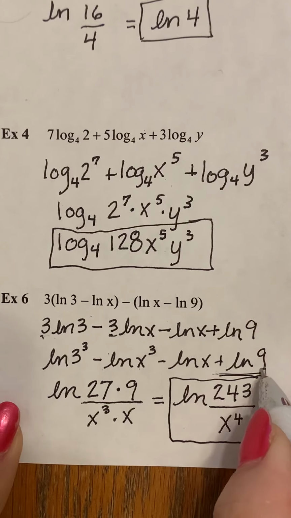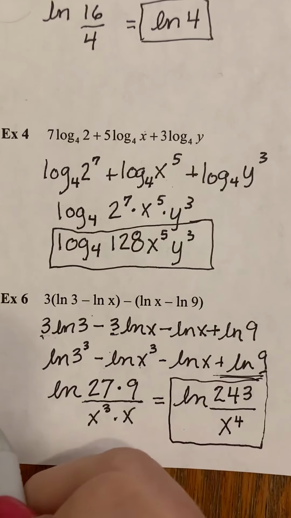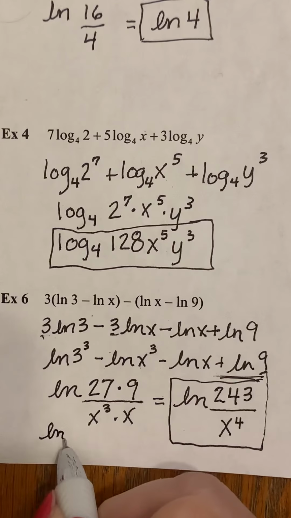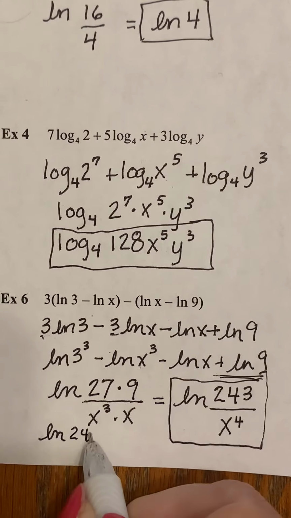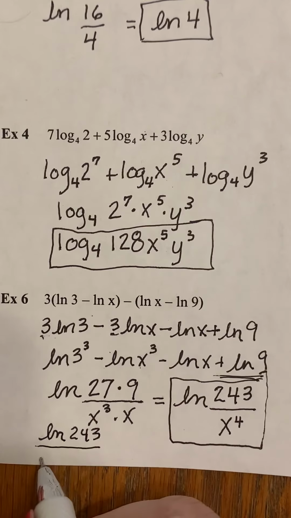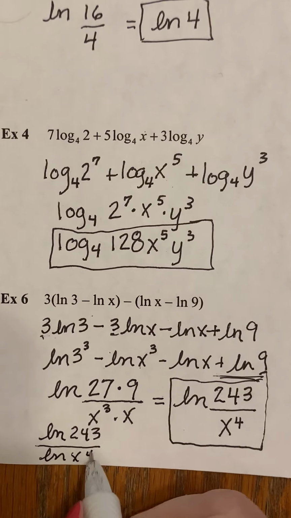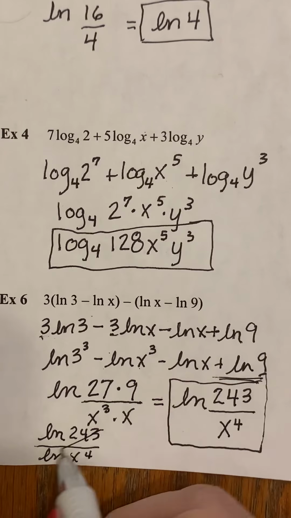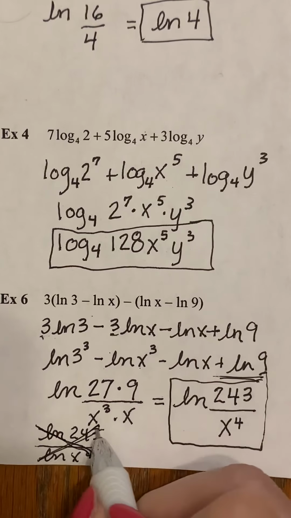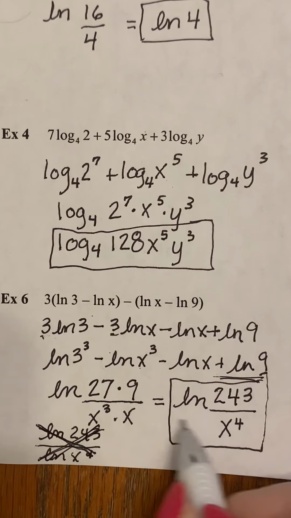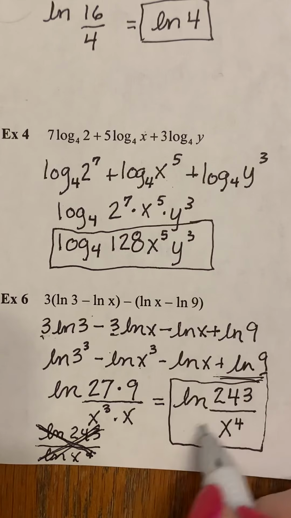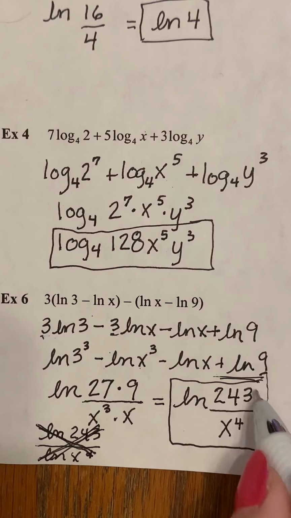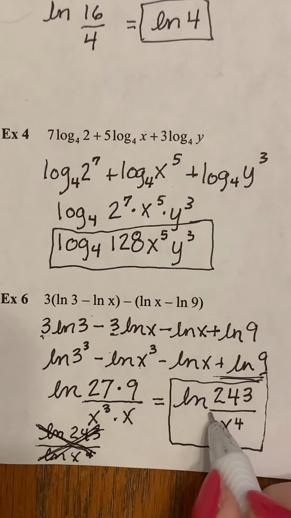Now, I cannot stress this enough: if you were to write it this way, the natural log of 243 divided by the natural log of x to the 4th, they are not the same thing. Do not do that. You write the natural log, or log base, whatever it is, once, and then you put the numerator and the denominator separate.